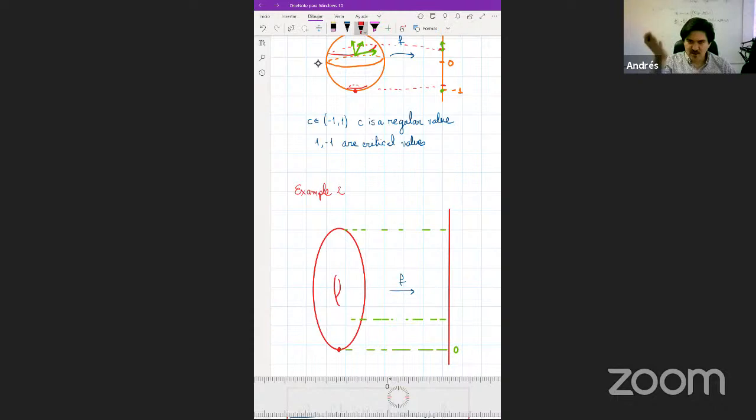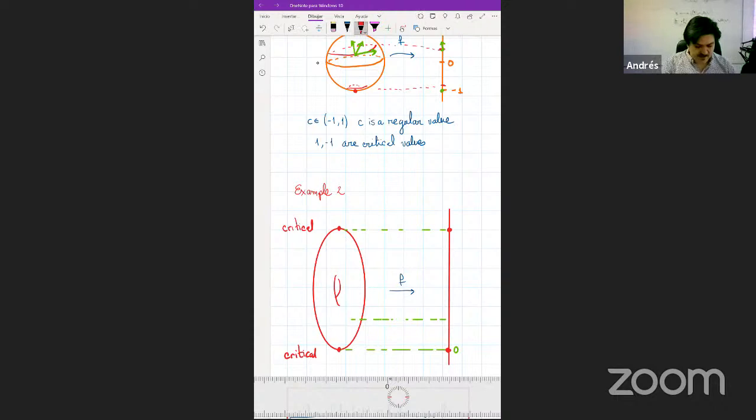You cannot go below the table. So that's critical. And also this one here is the maximum. So you have critical points there. Hence, here you have a critical value, and at 0, another critical value.